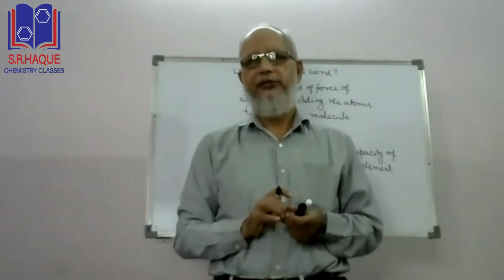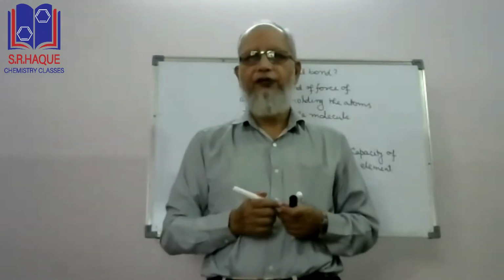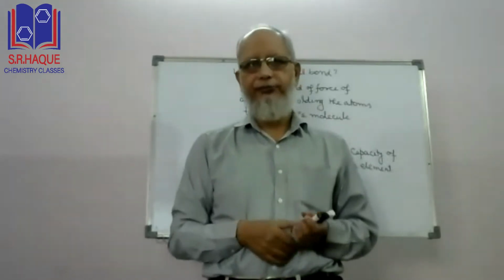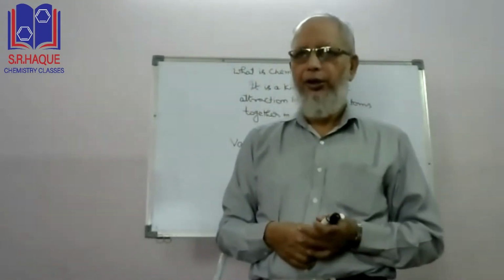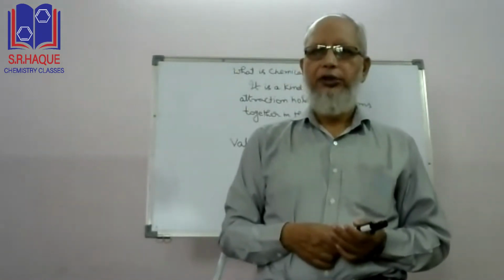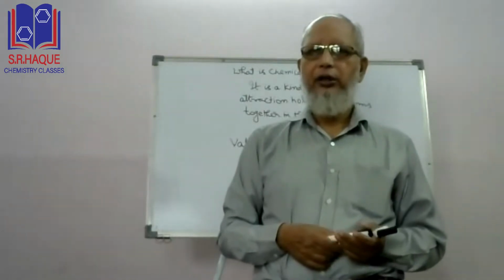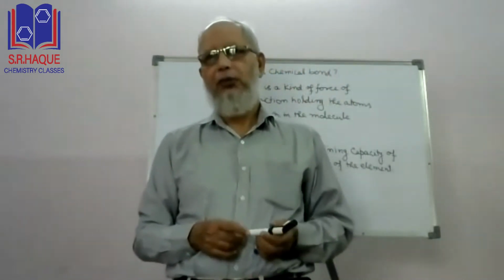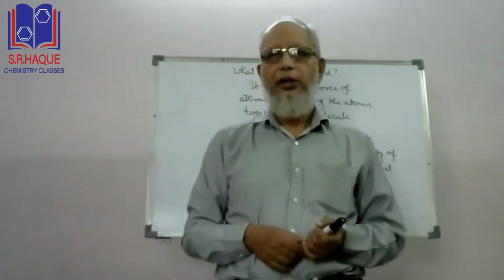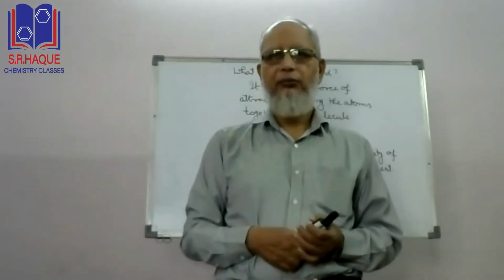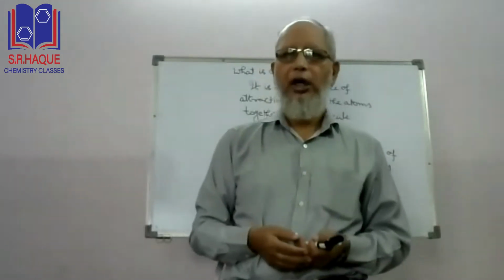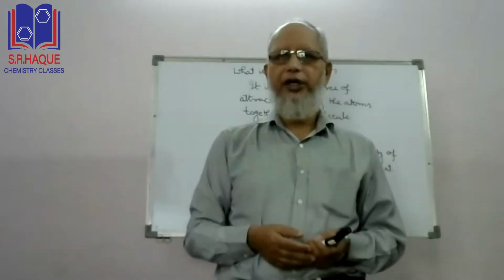Now the question arises: what is the need for the formation of chemical bond by the atoms of the element, or what is the need of the valency? In order to know this, we should take help of the theory given by Kossel and Lewis. He proposed that each and every atom tends to gain stability, and a system will be more stable when it has minimum energy.